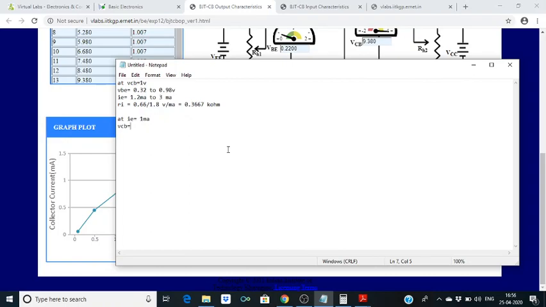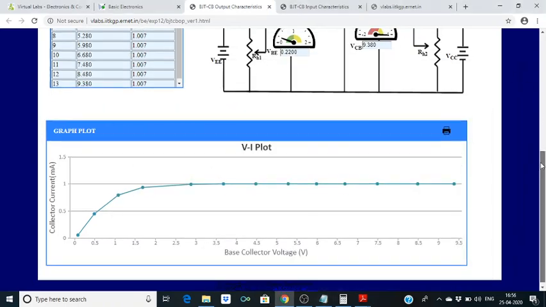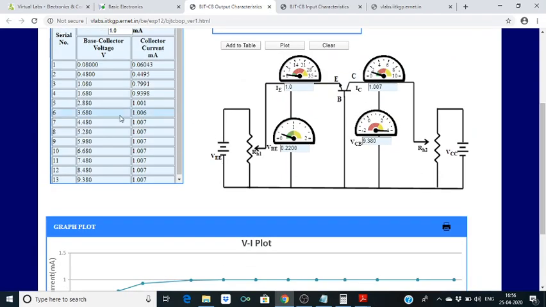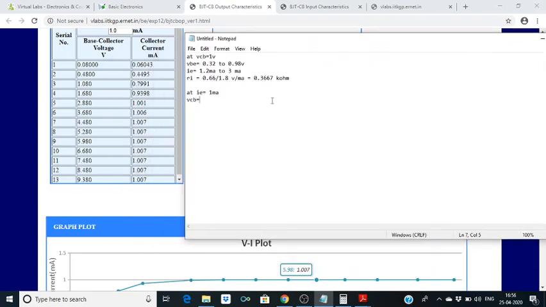Suppose we take VCB from 1.680 volt to 5.280 volt, and the current IC is changing from 0.9398 milliampere at 1.680 to 1.007 milliampere at 5.280.